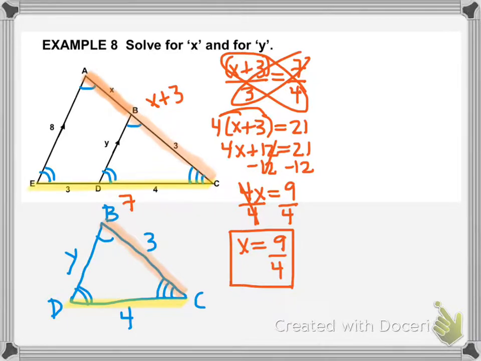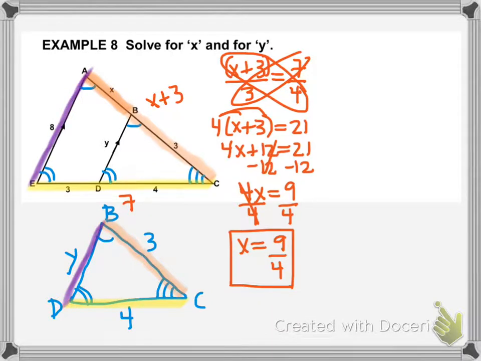Now we're going to set up another proportion to find Y. Let me change my color up. The Y is this side, and it corresponds with the 8 on the big triangle.